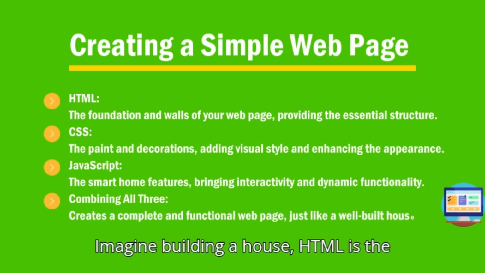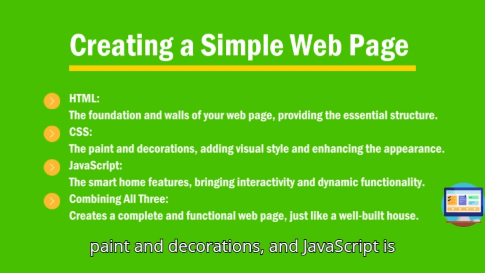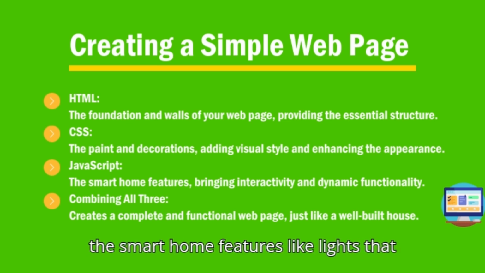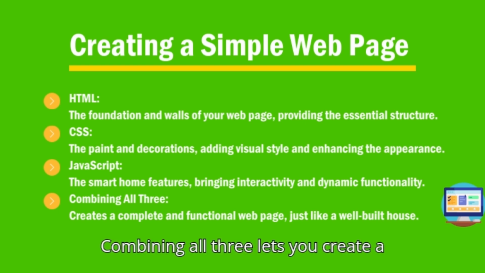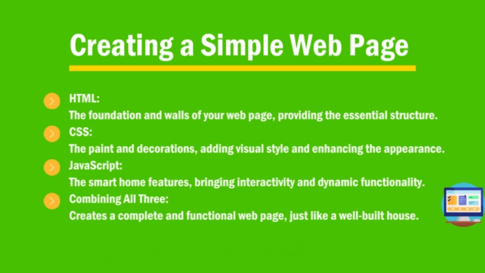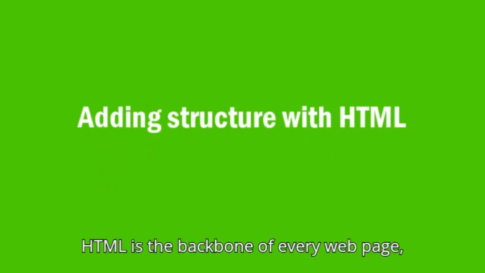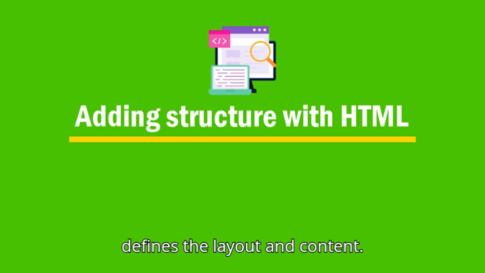Imagine building a house. HTML is the foundation and walls, CSS is the paint and decorations, and JavaScript is the smart home features like lights that turn on automatically. Combining all three lets you create a complete and functional web page. HTML is the backbone of every web page, providing the essential structure that defines the layout and content.